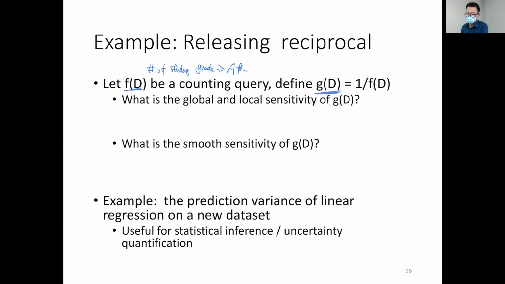So now here are the questions to you. What are the global and local sensitivity of this g of d? f is just a counting query, and d can be arbitrary.